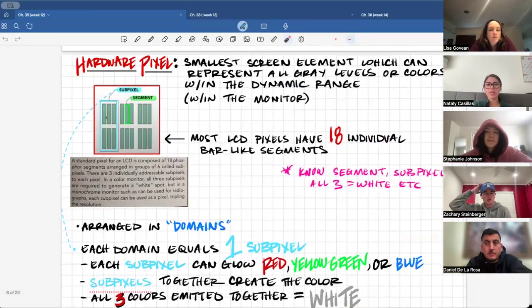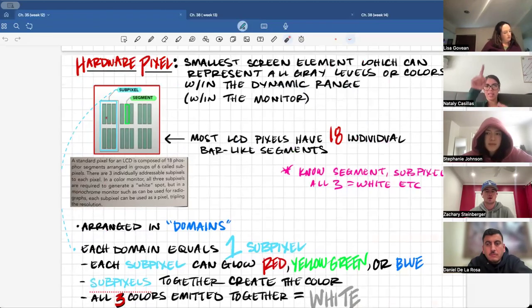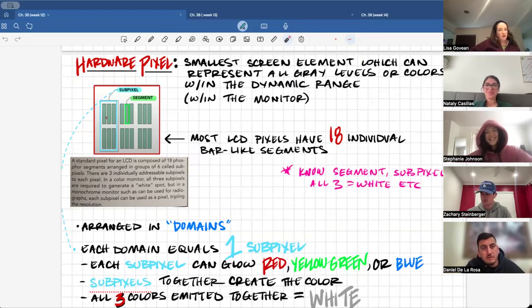The subpixel isn't everything highlighted? Because in that picture it has three and so a total of six, and that whole thing is boxed as one subpixel. Yeah, there are three subpixels in a hardware pixel.